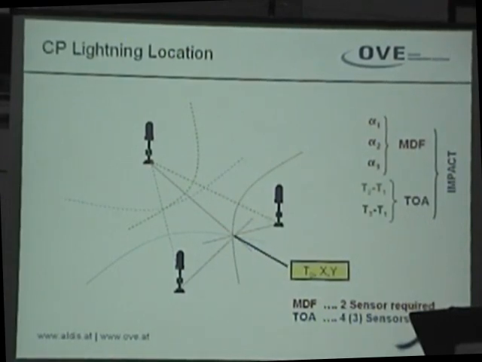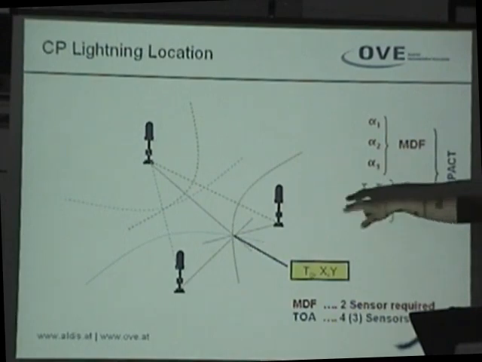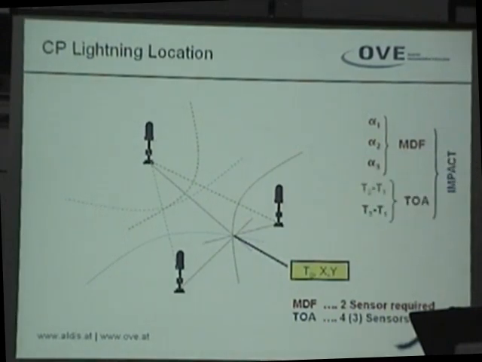For time of arrival, you need at least 3 sensors, but there are some positions with ambiguities, so in certain ranges of a 3 sensor network you can't determine exactly whether this is the true stroke location or the wrong one. So you need 4 sensors to detect the stroke in the right position.